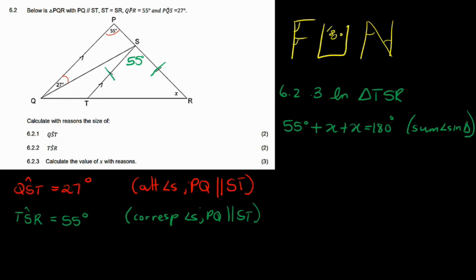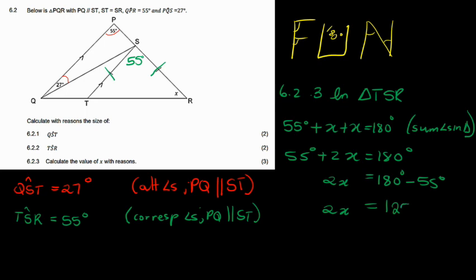Then 2x is equal to 180 minus 55 degrees, and you can work out 180 minus 55 degrees will be 125. Then if I divide by 2 on both sides, you get x is equal to 62.5 degrees.